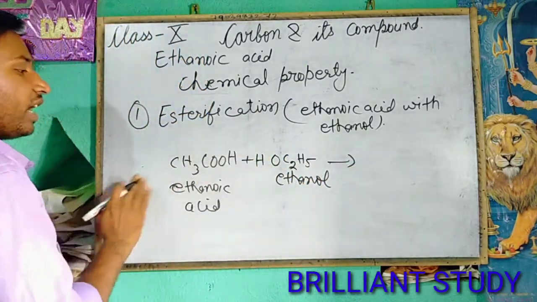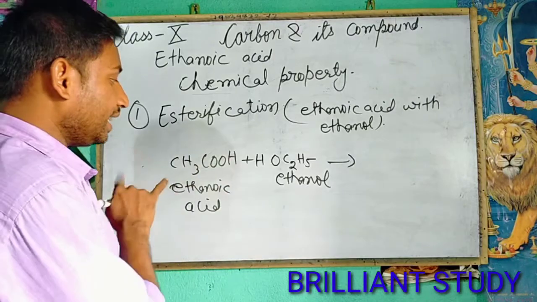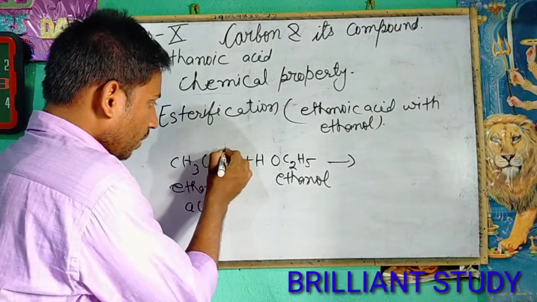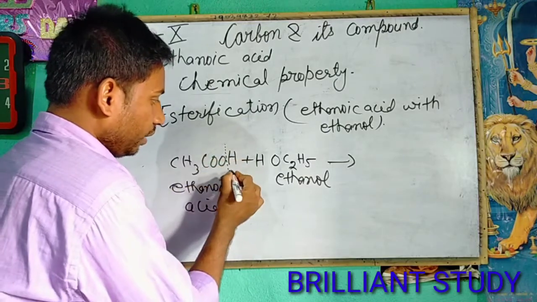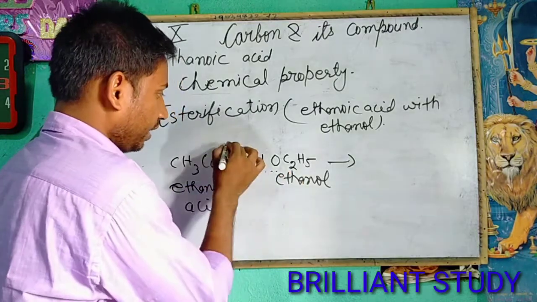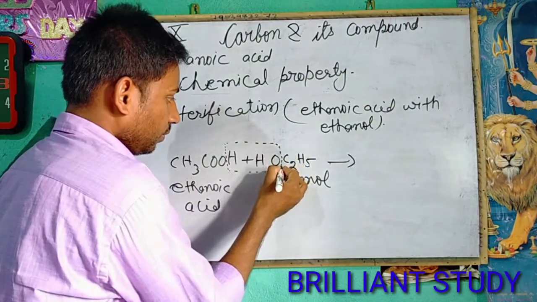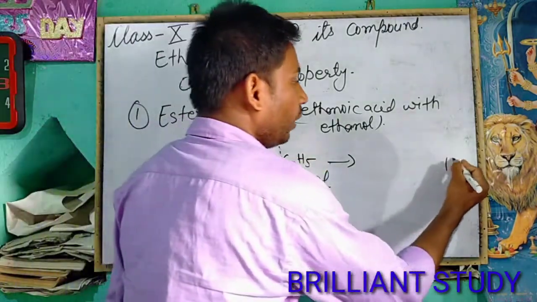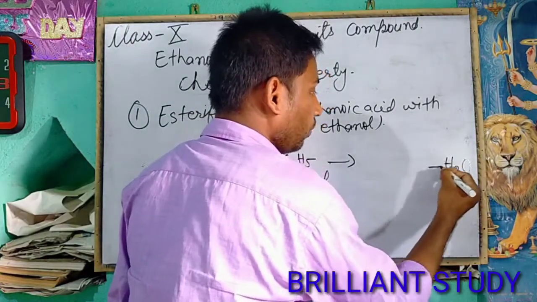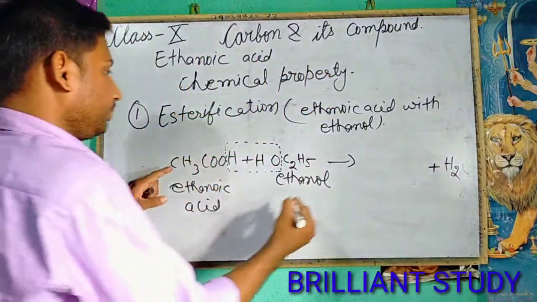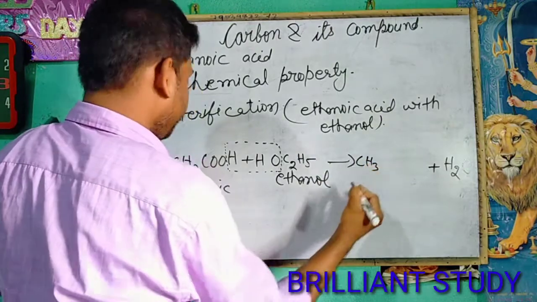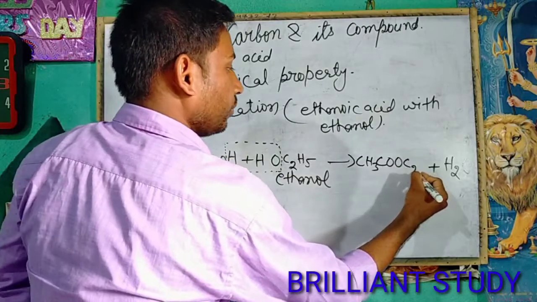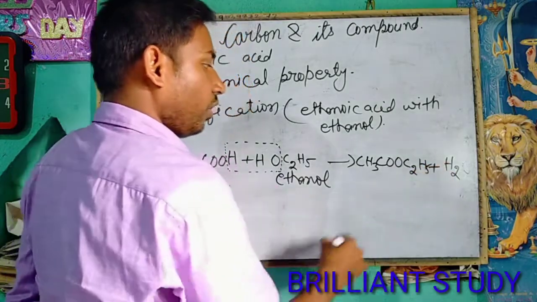When these two compounds react with each other, H from here and OH from ethanol will be removed and will form H2O, and the rest term CH3COO, C2H5 will form.